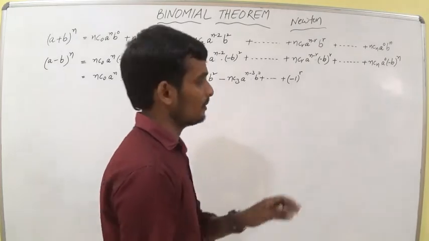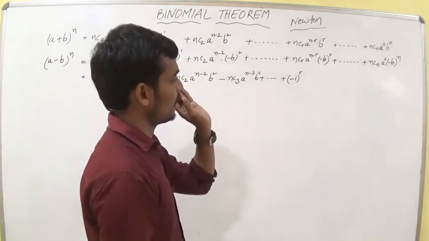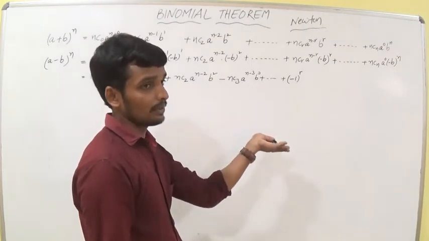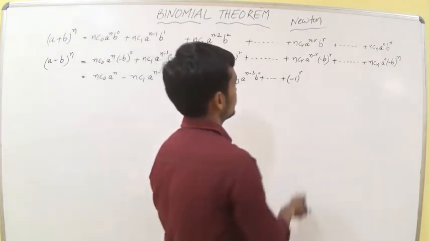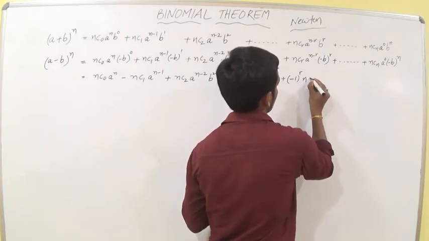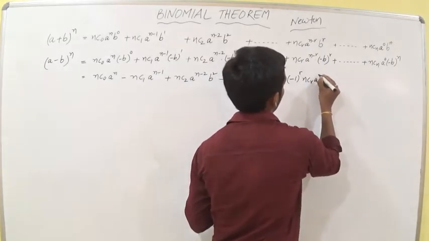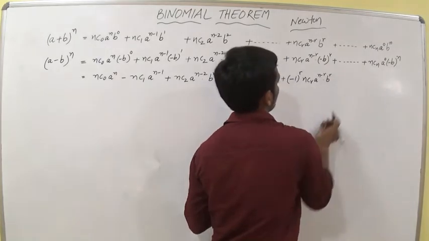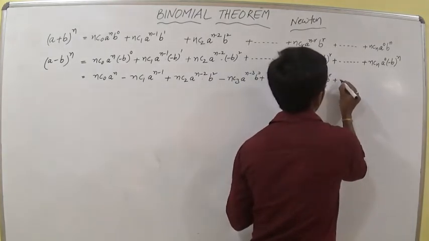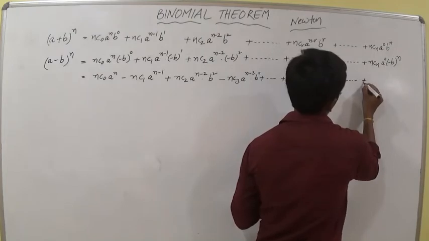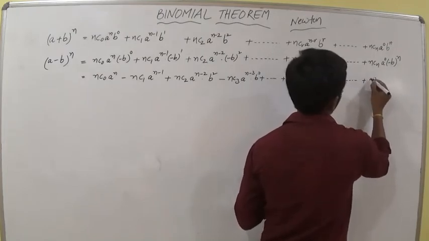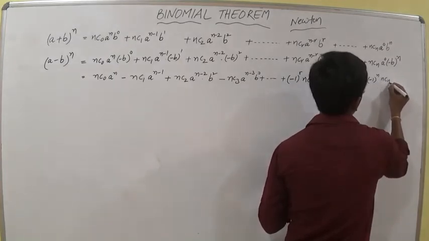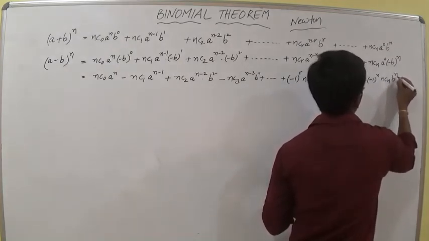Simple. If r is an odd number, we get negative. If r is an even number, we get positive. The remaining terms are nCr a power n minus r into b power r. The same way here and so on, plus (minus 1) whole power n nCn b power n.